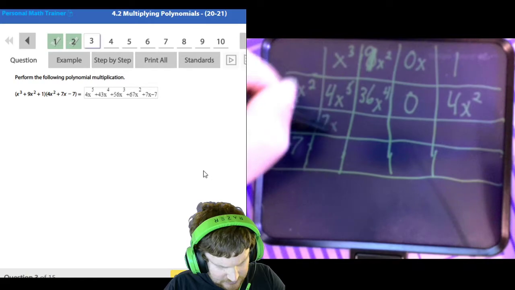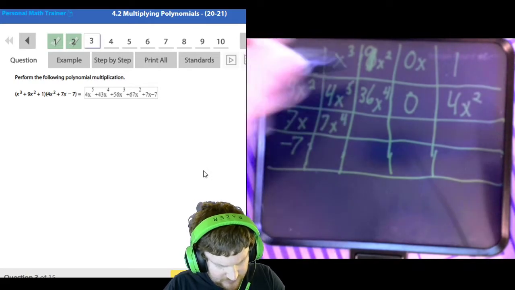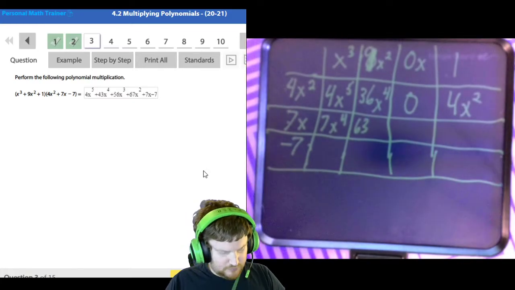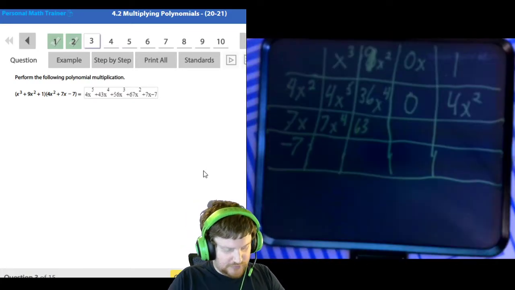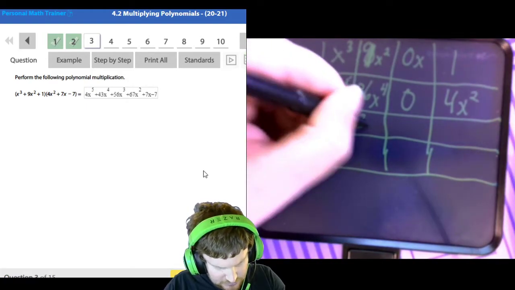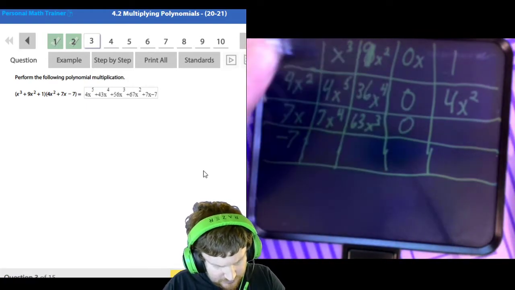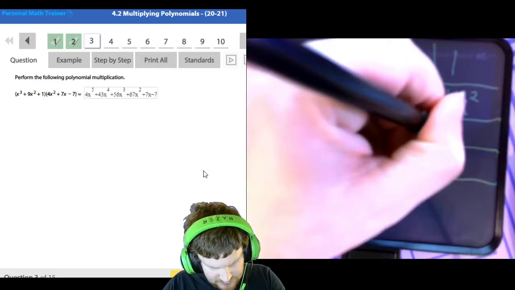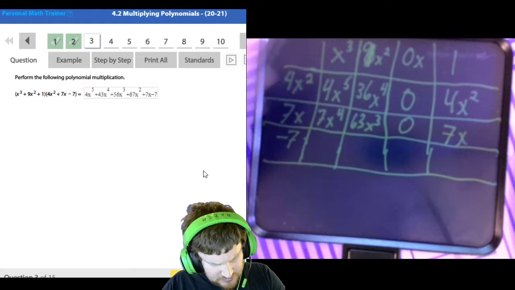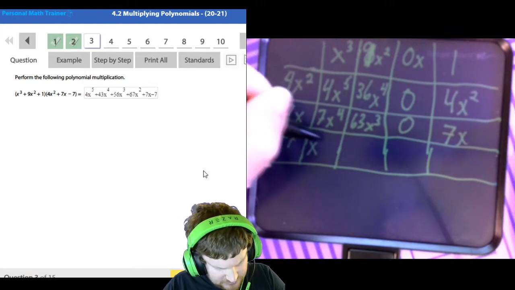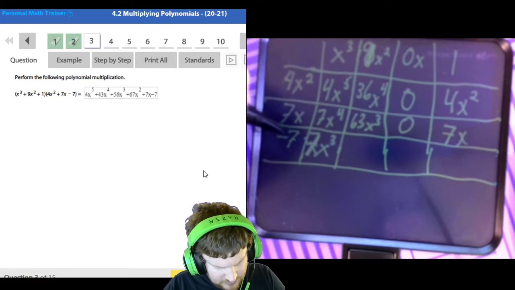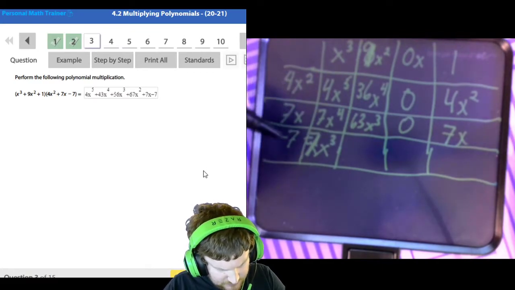X times x cubed is x to the 4th. 7 times 9 is 63, 63x cubed, 0, 1 times 7x is just 7x. 7 times x cubed is 7x cubed. That's a negative though.